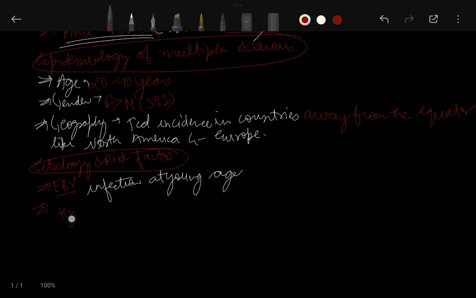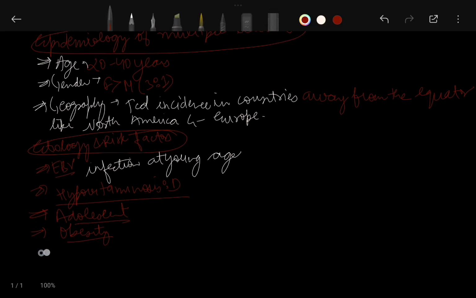After that, hypovitaminosis D. First of all EBV, hypovitaminosis D, then the next important cause is adolescence, after that obesity.